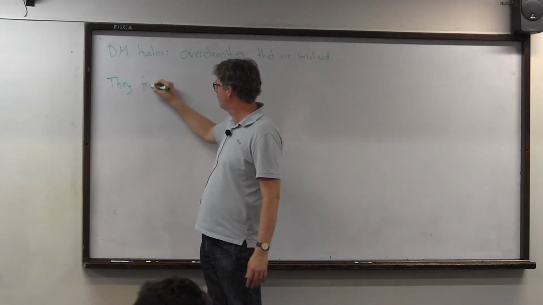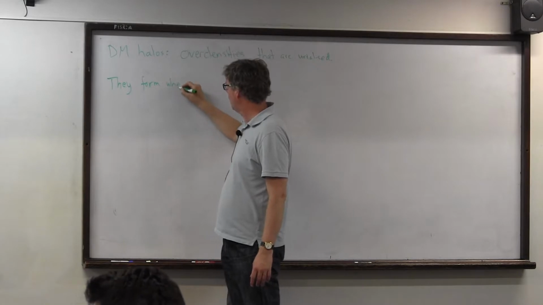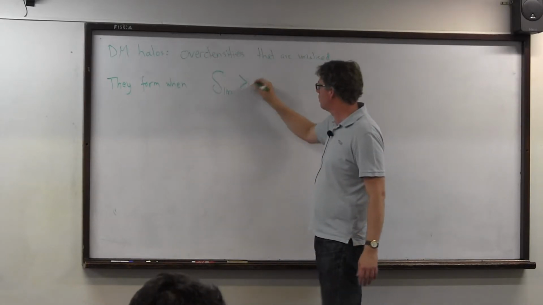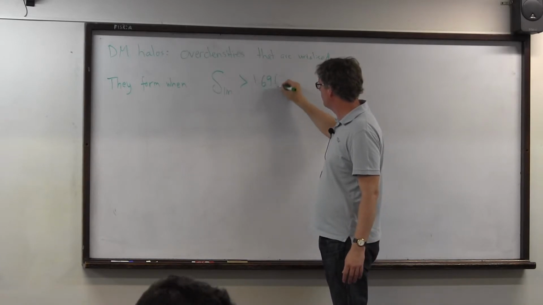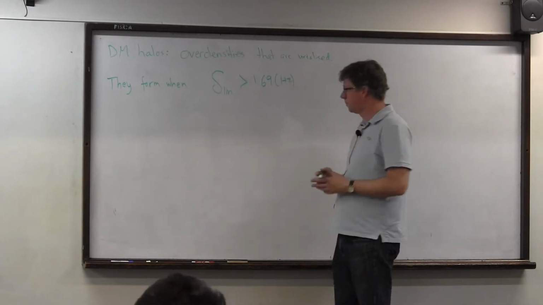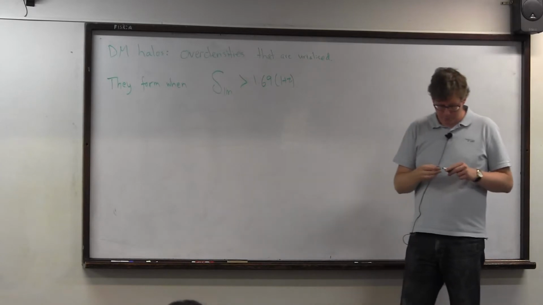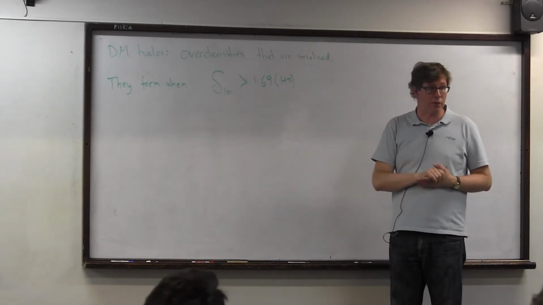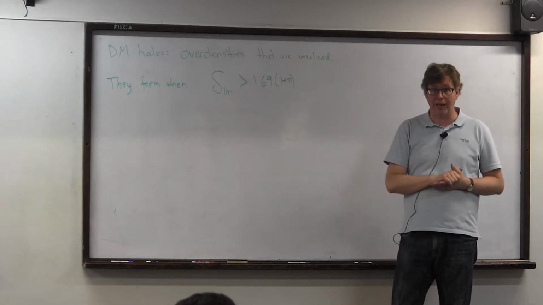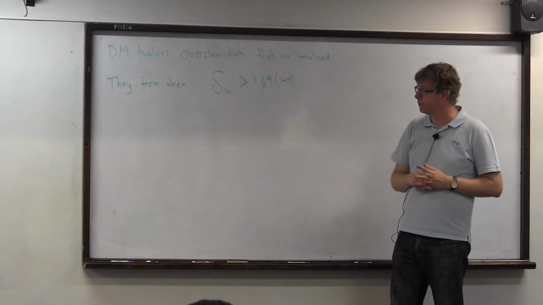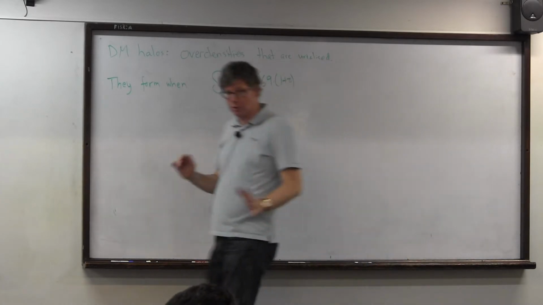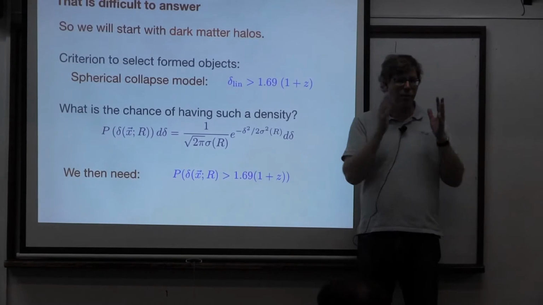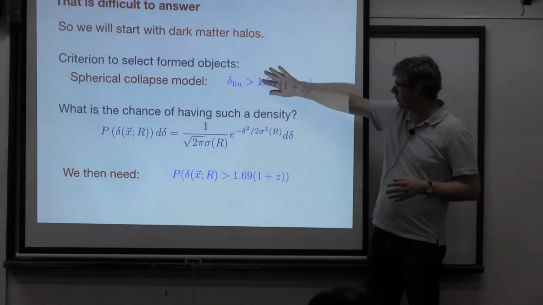They form when the linear overdensity is greater than 1.69 times 1 plus z. The 1 plus z is just to take into account the growth of structure that's proportional to a. This is 1 over a. So that's the definition. This is a way to say what's a formed object.